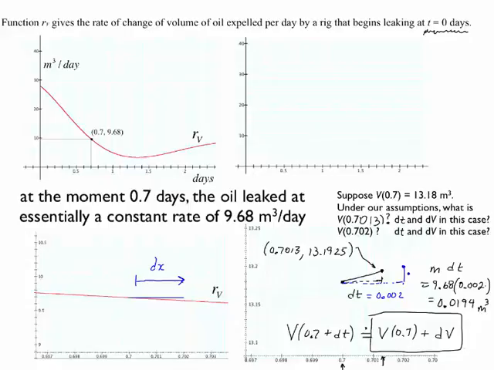So here's our new dV. And our new point is 0.702, comma, 13.1994. Okay, anybody have a question? Is this starting to make more sense now?